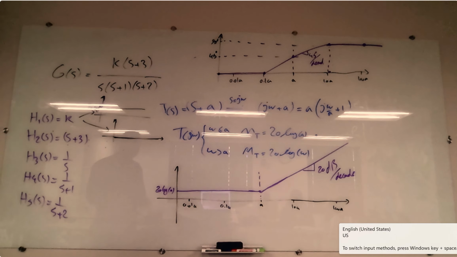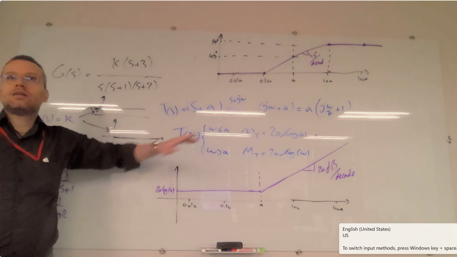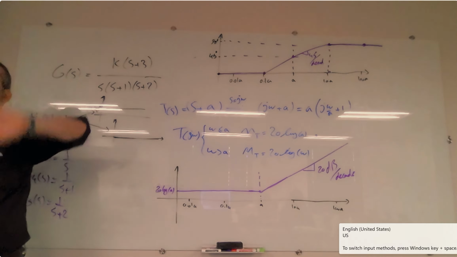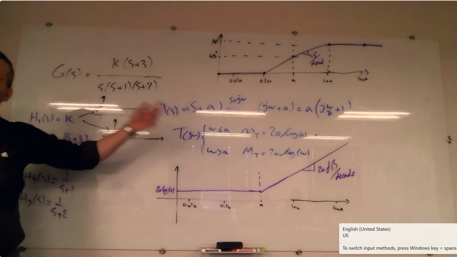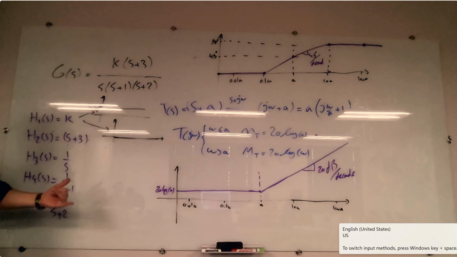And when we know those, it doesn't matter how complicated the transfer function is, as long as we know the terms that create it, poles and zeros, it's easy to do. We just have to have those graphs ready, like you have the graph for s plus a, and then you just add them together and put the a's based on your transfer function. Same goes for the poles.